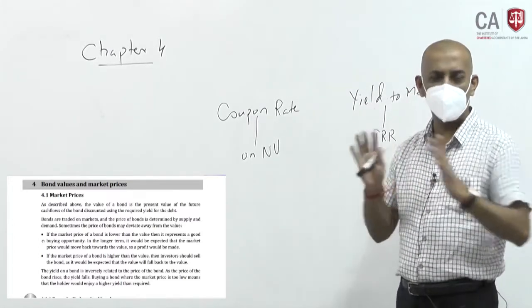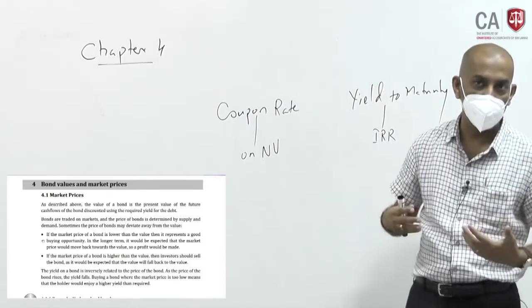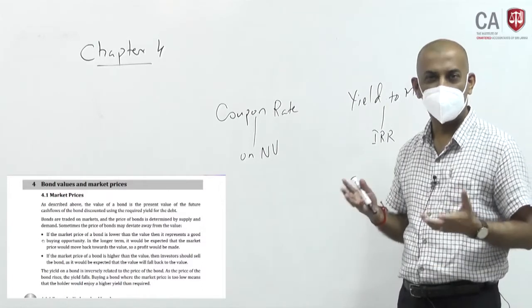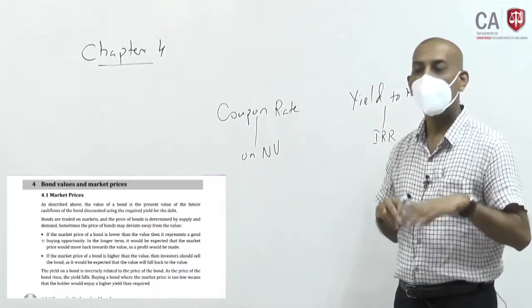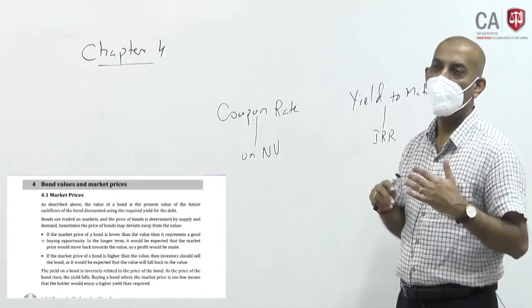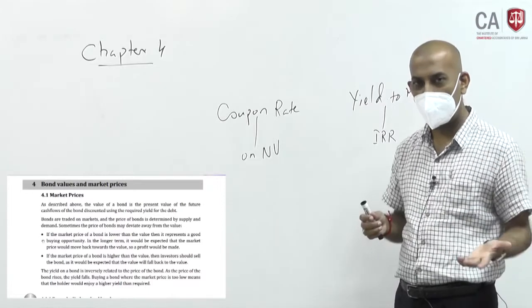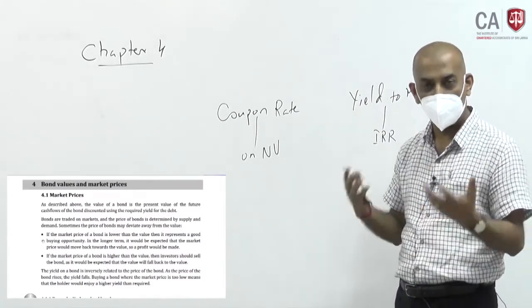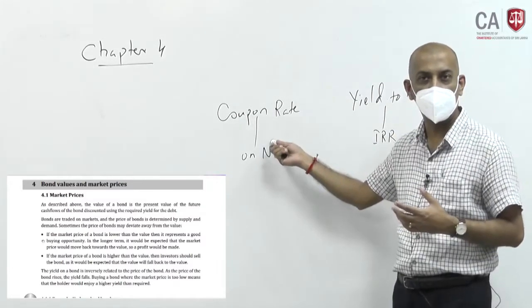In the simple basic initial example, 1000 or 100 with 5% interest, your 5% is actually the return, so the yield and coupon rate will be the same. Otherwise, if the bond is trading not at nominal value, or the market value is different from your nominal value, or your maturity value is different from your face value, then your return or yield will be different from your coupon rate.